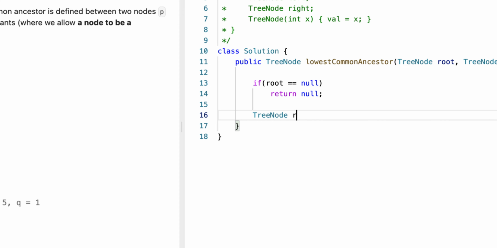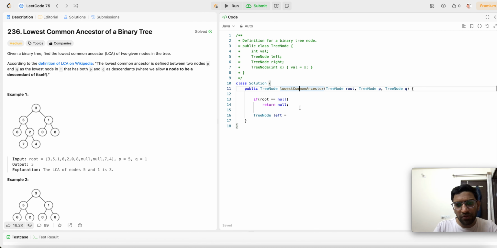What is our left side? Call the lowest common ancestor. Move to the left side. Pass the P and Q node. Similarly, move to the right side also.